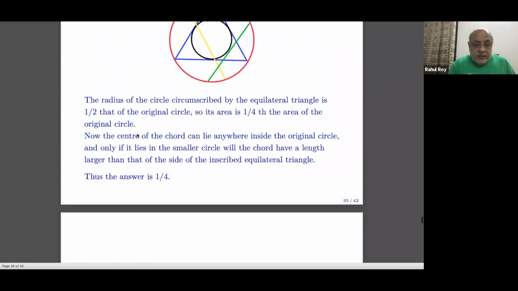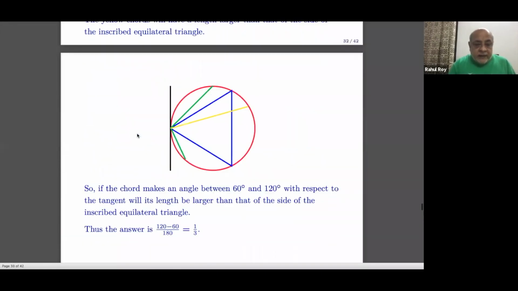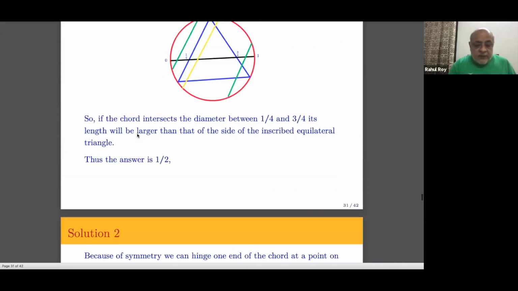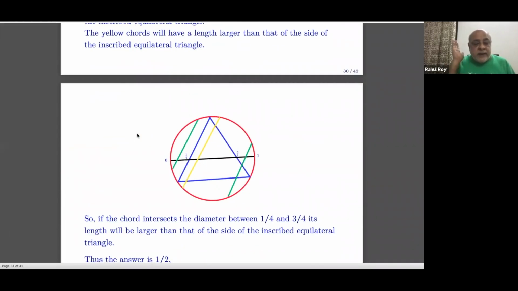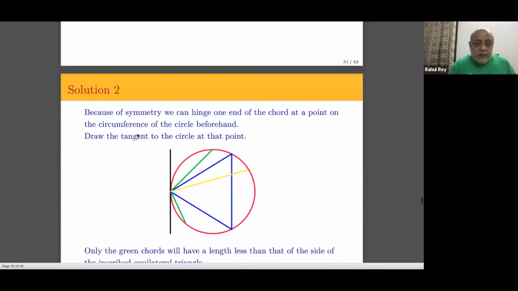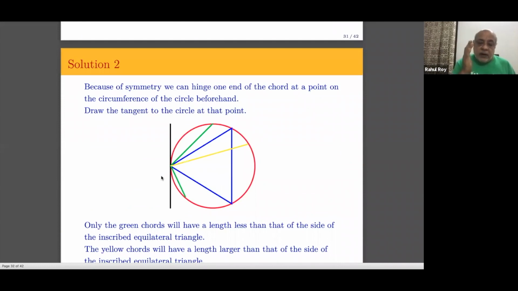In the first solution, we made the assumption that the chords are all parallel, and we are looking at how they are intersecting the x-axis. In the next one, we made the assumption that the chords are all hinged, and then we are seeing at what angle these chords are.